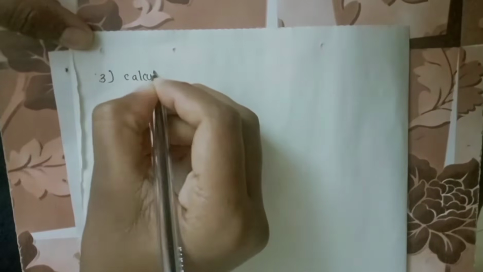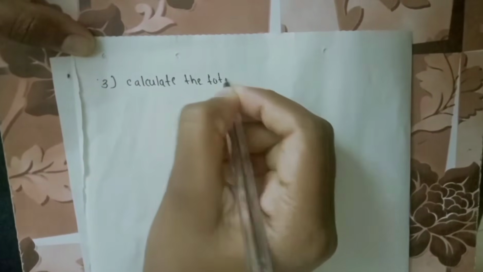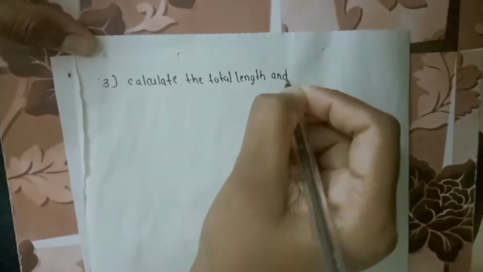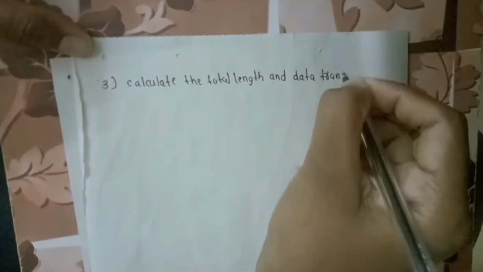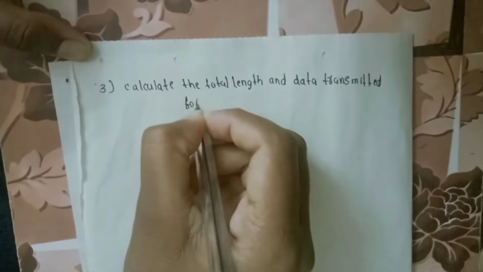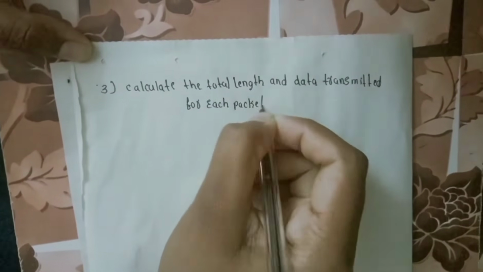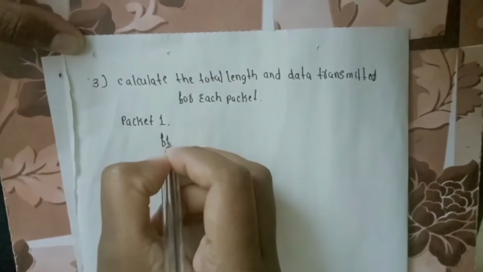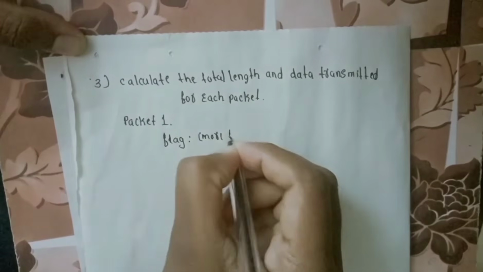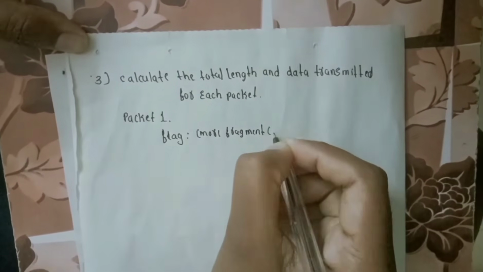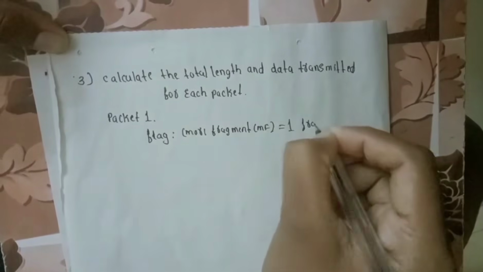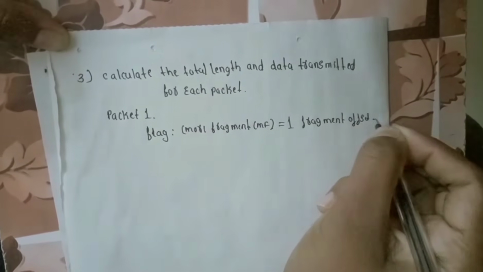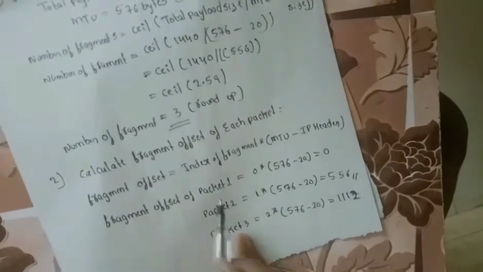Then next we need to calculate the total length and data transmitted in each packet. First, for packet 1, the flag, or more fragment, is 1, and the fragment offset is 0, which we already found previously.